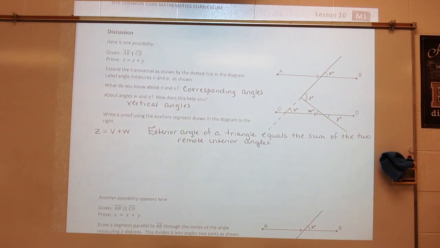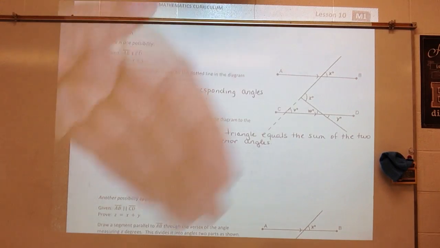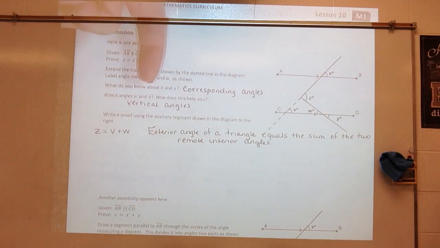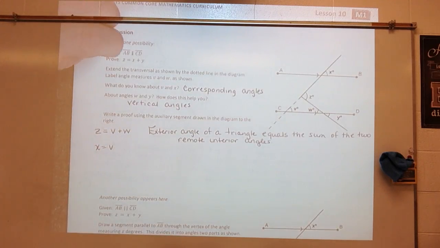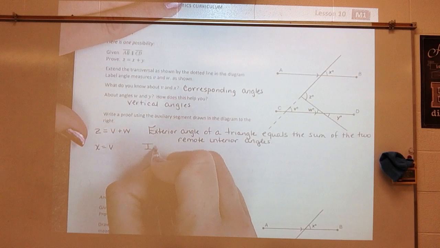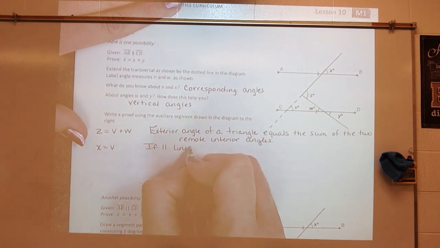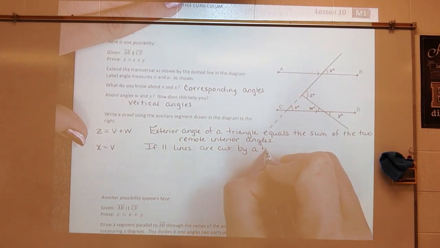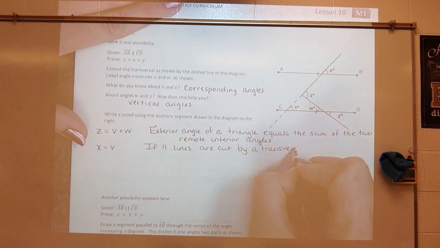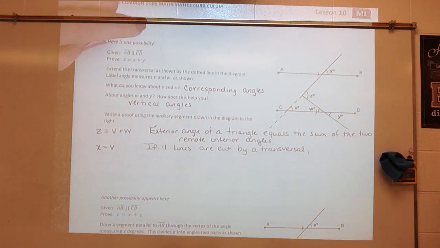Now, how does that help me? Well, remember we're trying to get to the point of Z is equal to X plus Y. We talked about something that's going to help us here. What did we talk about V and X? We said X was equal to V because if parallel lines are cut by a transversal, what did we say?